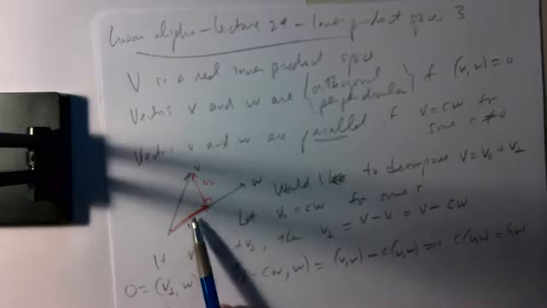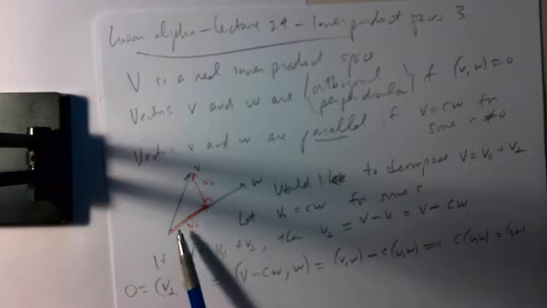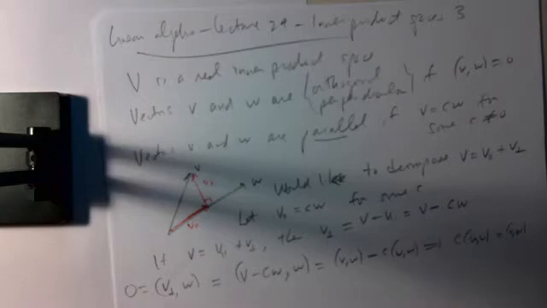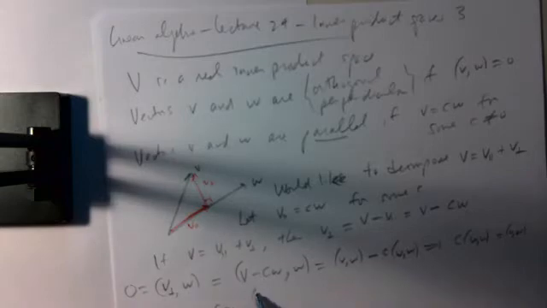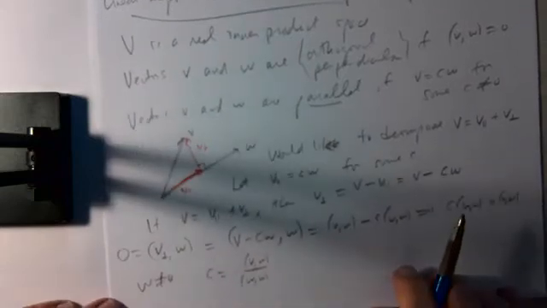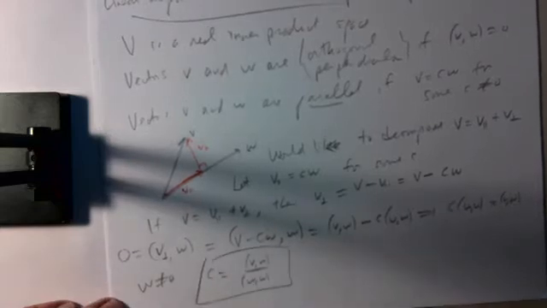It doesn't make any sense to decompose a vector with respect to 0. So C is equal to the inner product of V and W divided by the inner product of W with itself.